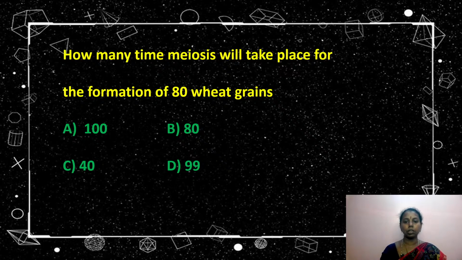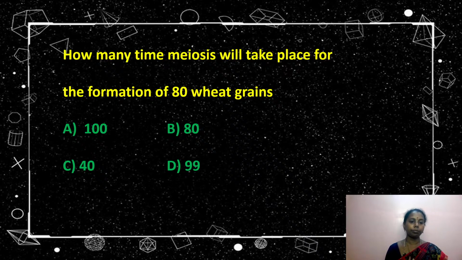To form 80 wheat grains, we may need 80 male gametes and 80 female gametes. That is the logic behind the question. So with that logic, I hope many of you have answered.